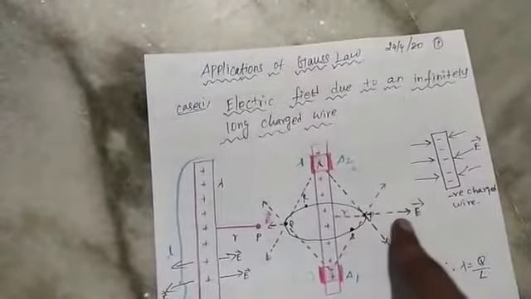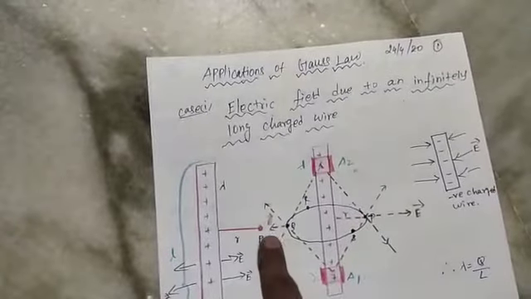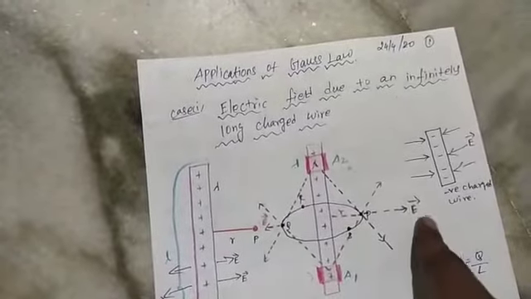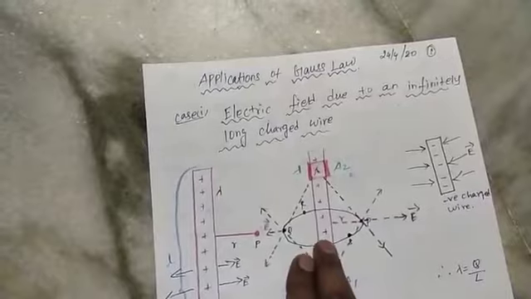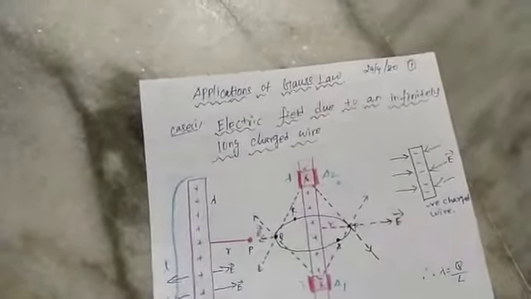This is the resultant electric field, also the electric field E vector. So the electric fields are away from the charged wire.